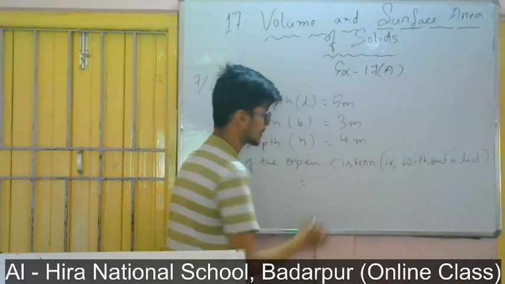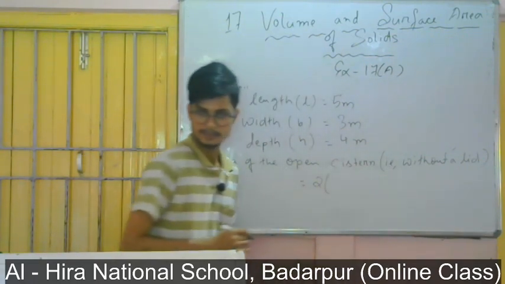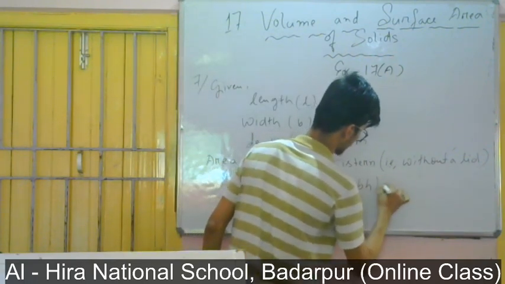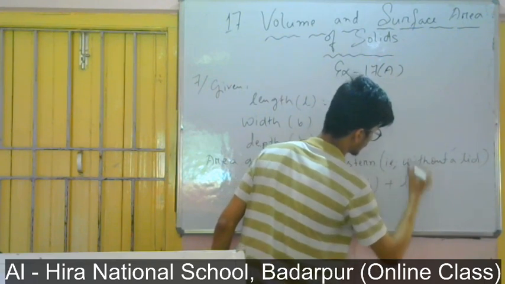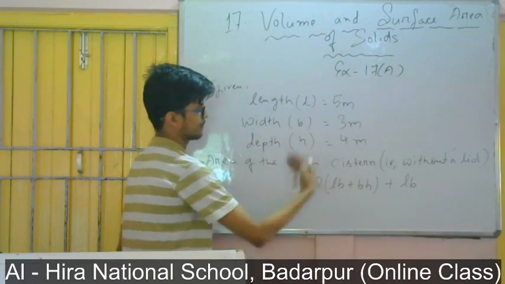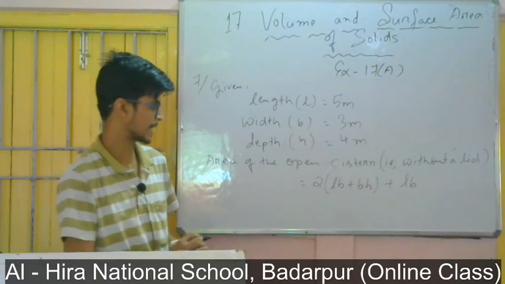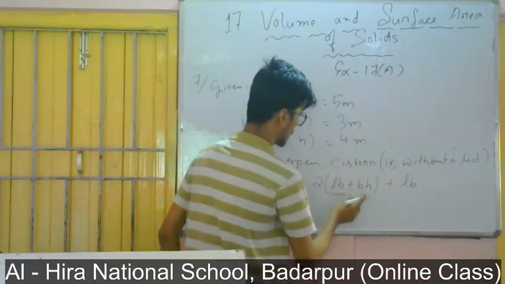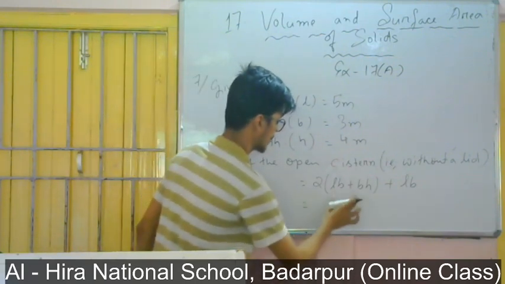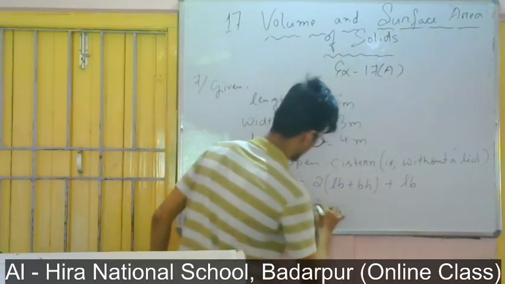Without a lid will be equals to 2 into LB plus BH plus length into breadth. Length into breadth is for the base, and this is the area of the 4 wall, which is LB plus BH. Earlier I have written little confusing. Okay, so you write it like this: LB plus BH. So here you put 2.